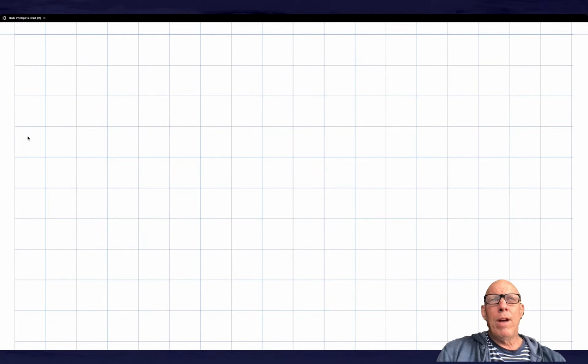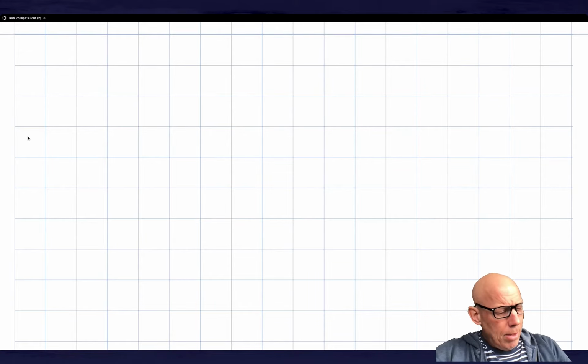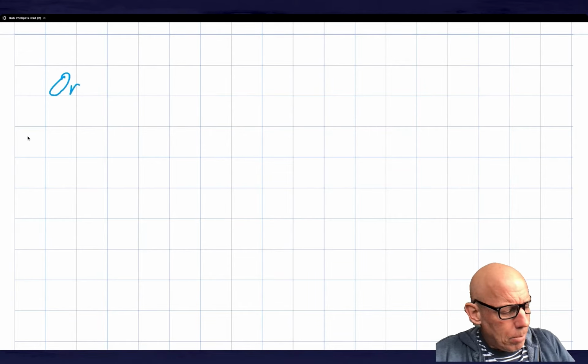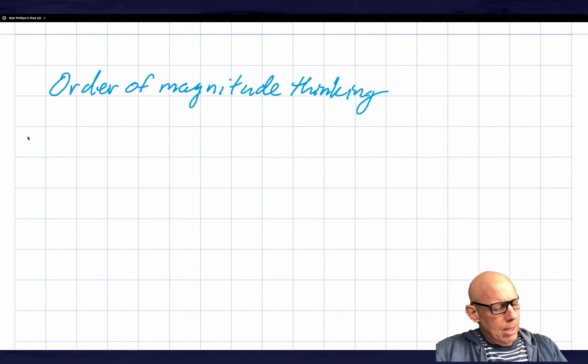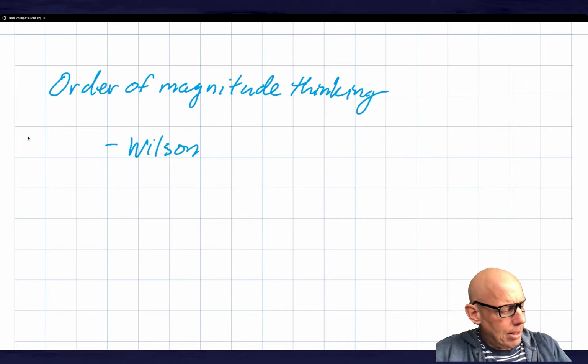So, in this final vignette, I just want to give a recap of what we've accomplished. As I say, we started out with a puzzle, and the main methodology that we used was order of magnitude thinking. That order of magnitude thinking is epitomized by a few key ideas.